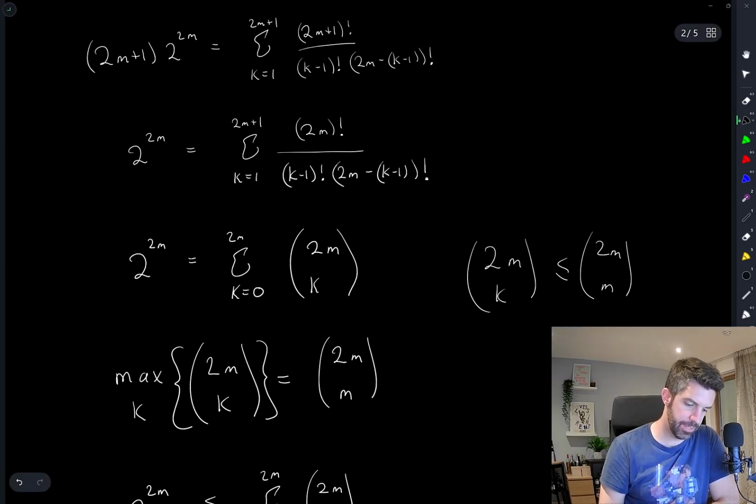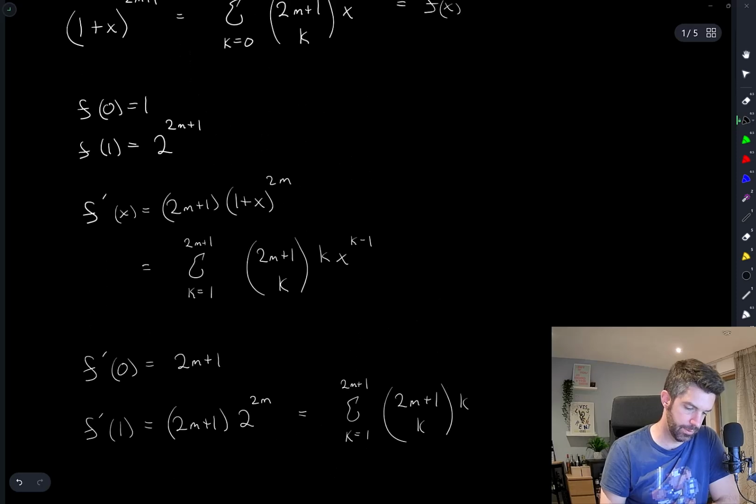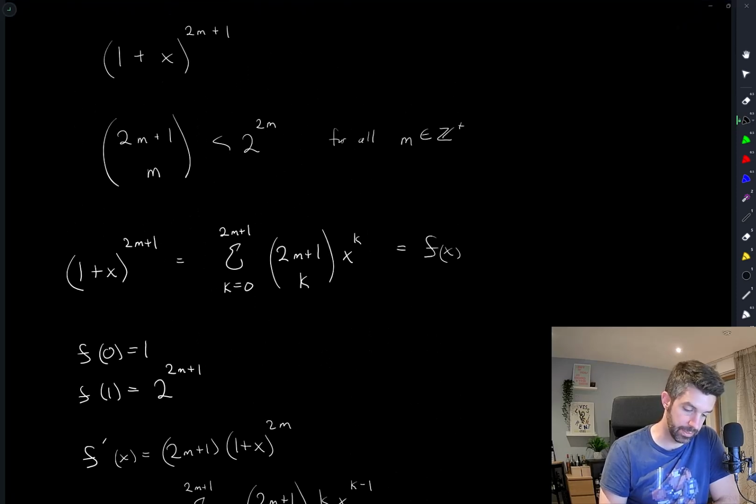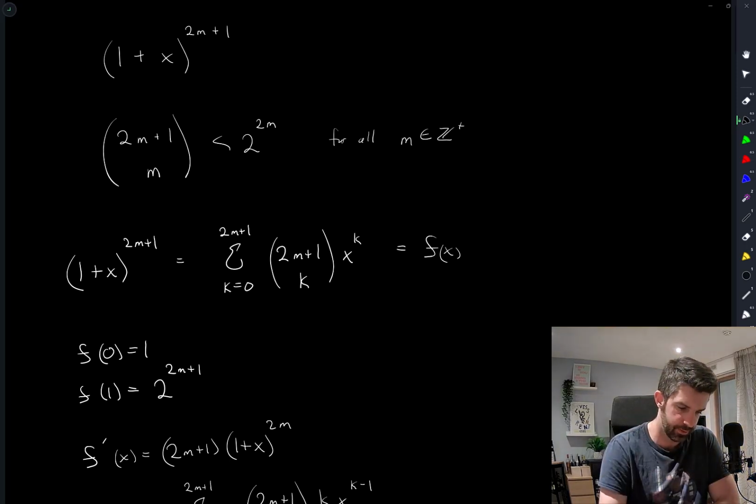And I fear that I've gotten this method in my head and I won't be able to get it out or see a different way of doing this. Okay, so by considering the binomial expansion of (1 plus x) to the 2m plus 1, prove that 2m plus 1 choose m is less than 2 to the 2m. Okay, so there's the binomial expansion.